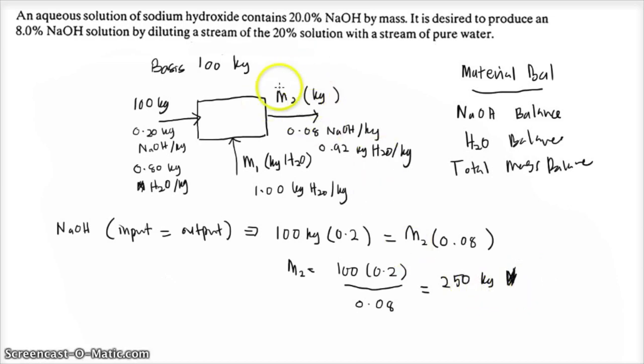So the total mass here is 250 kilograms. M2 is not the sodium hydroxide, but the total amount, which is the total mass balance. So we can use the total mass balance equation here.